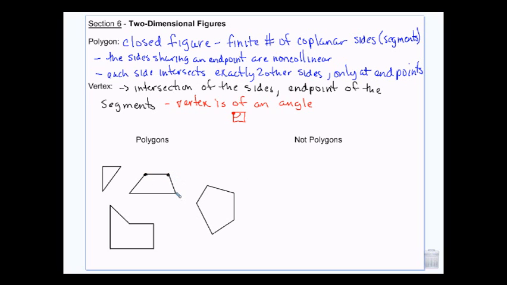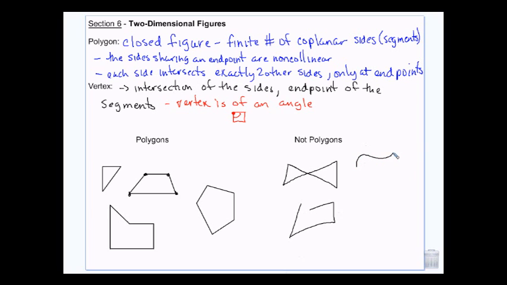These are the endpoints of the line segments, and the lines only intersect at the endpoints. So for example, something that would not be a polygon would be a shape like that, because this line and this line intersect not at an endpoint. They're intersecting in the middle. If it's not closed, it's not a polygon.